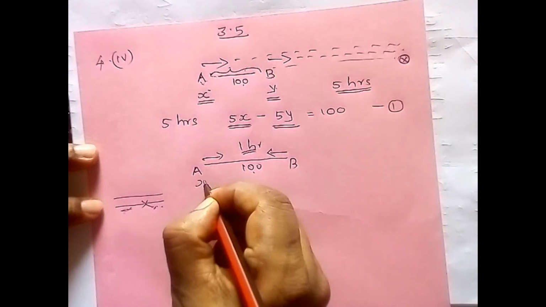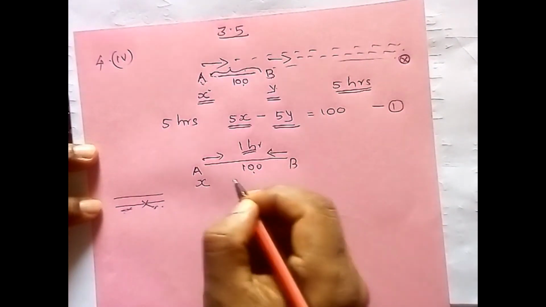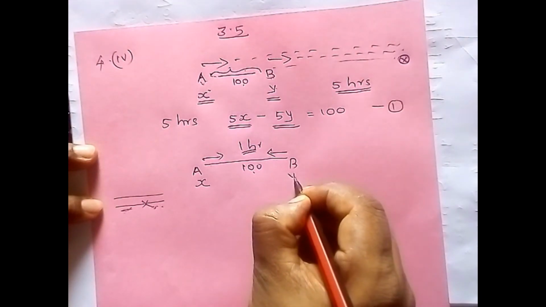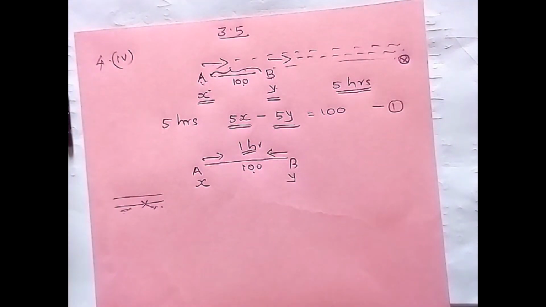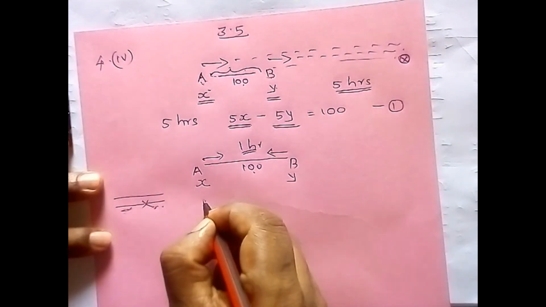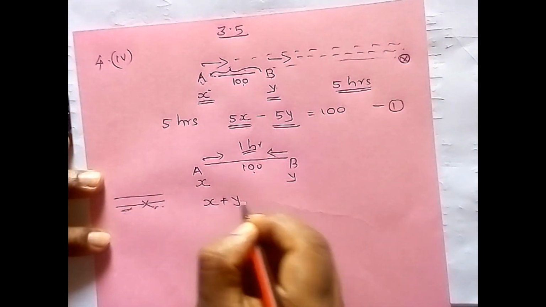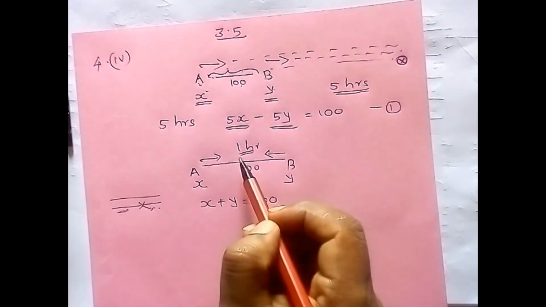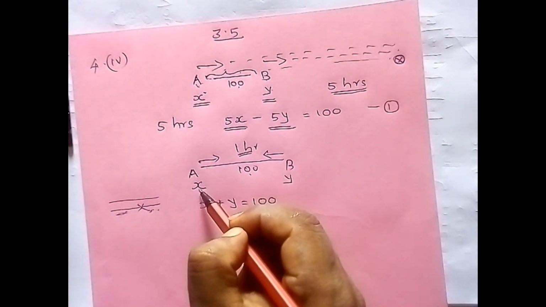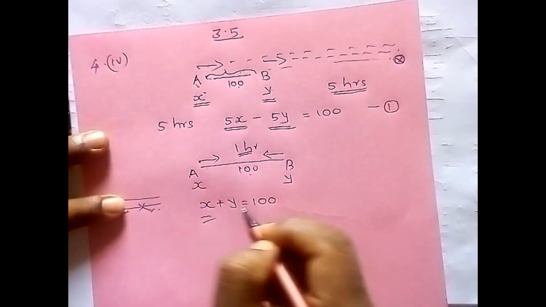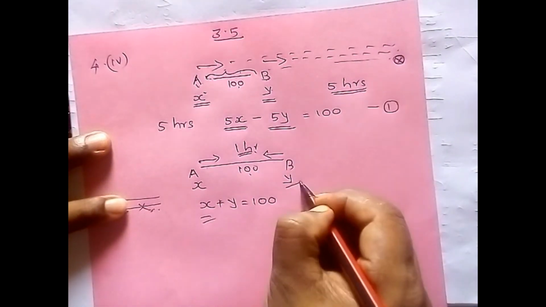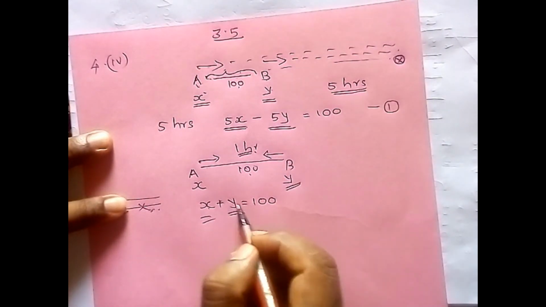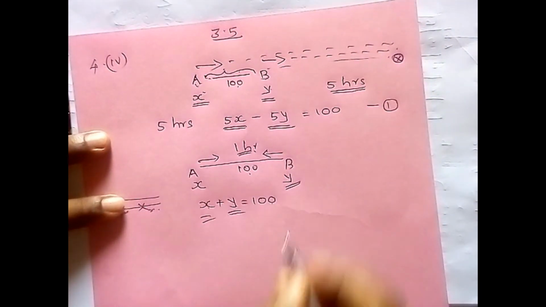So if the car from A is traveling at x kilometers per hour and the car from B at y kilometers per hour, then x plus y equals 100. That means in 1 hour this car will travel x kilometers, and in 1 hour the car from B will travel y kilometers, so x plus y is equal to 100.